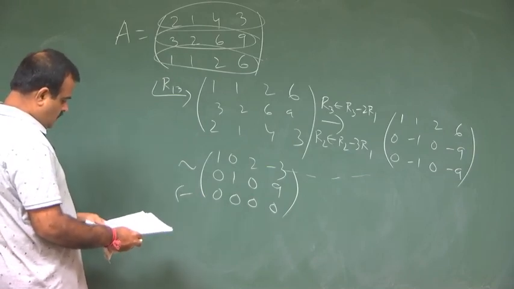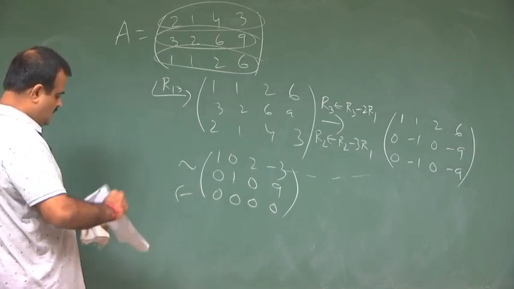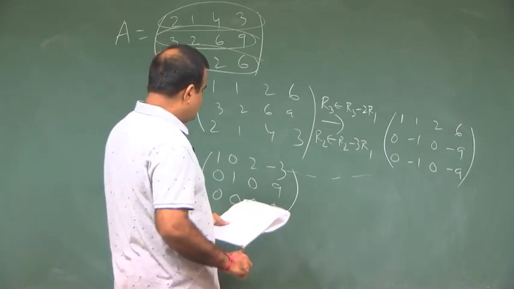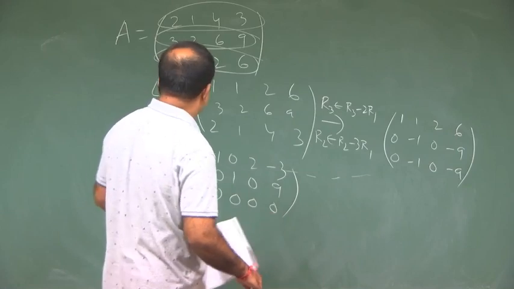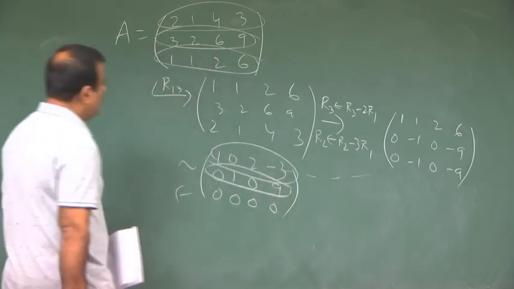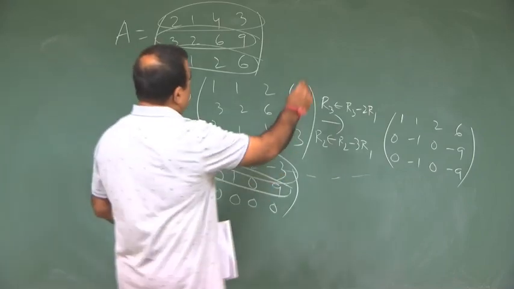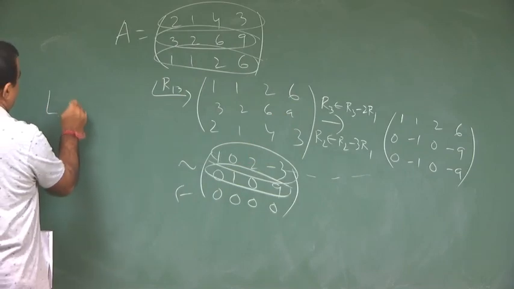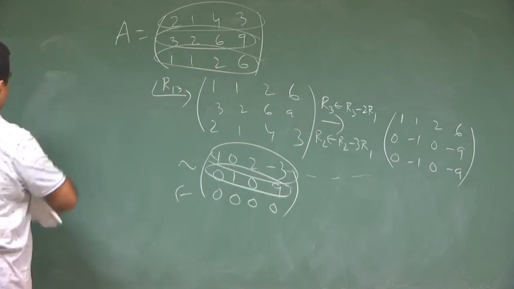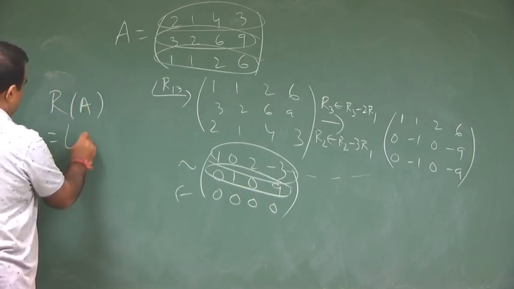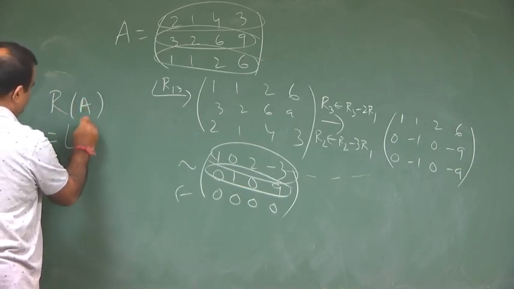So, this is our row reduced echelon form, and this will give us the basis of this vector space. So, these are the elements in the basis. So, this row space of A is nothing but linear combination of these vectors.